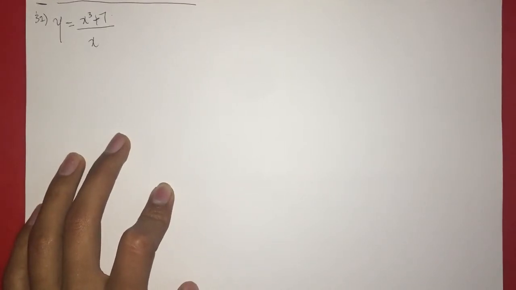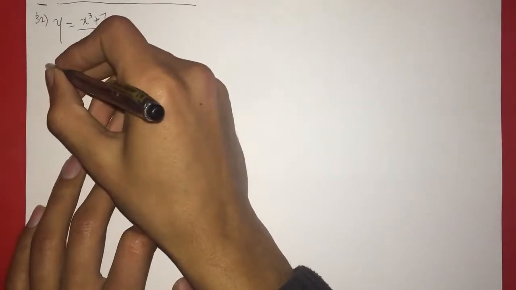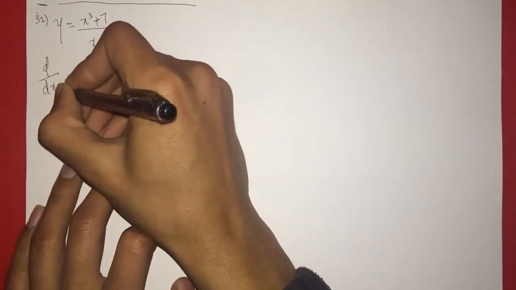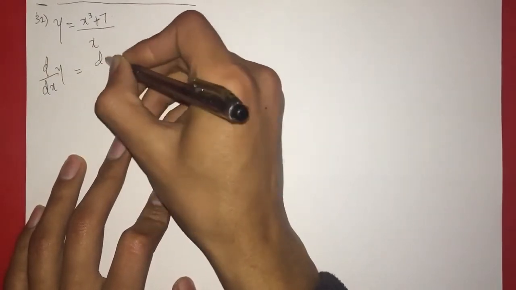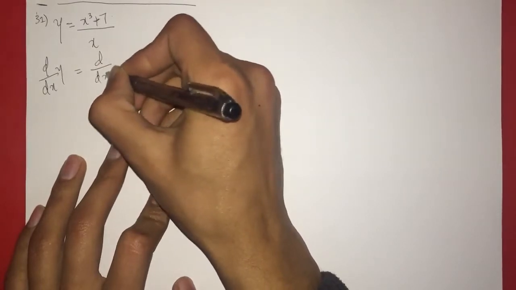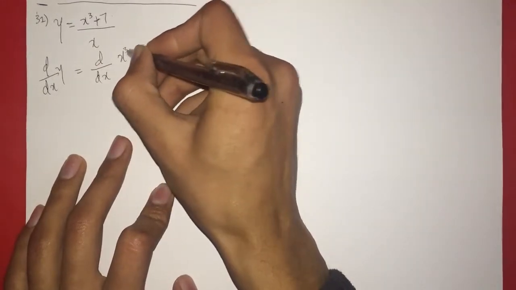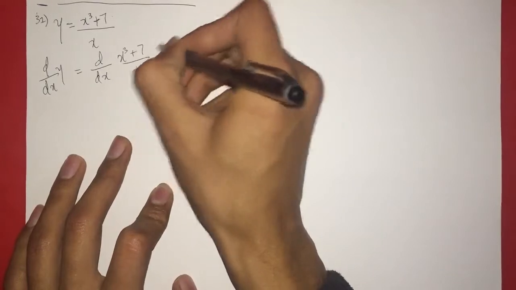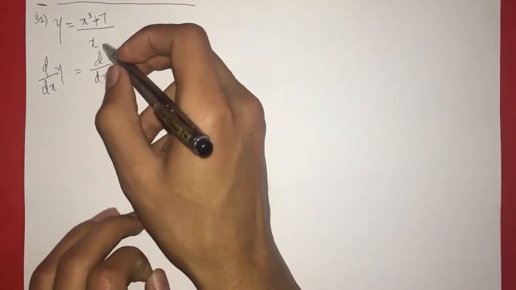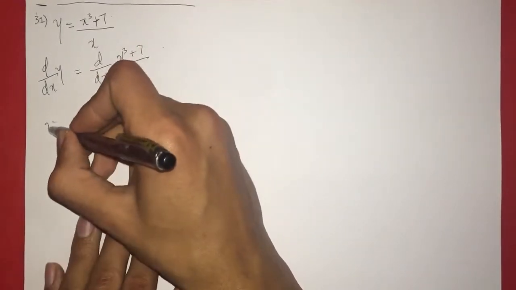First we are going to find the first derivative. So d by dx of y equals d by dx of (x cubed plus 7) divided by x. Here we have to use the quotient rule.